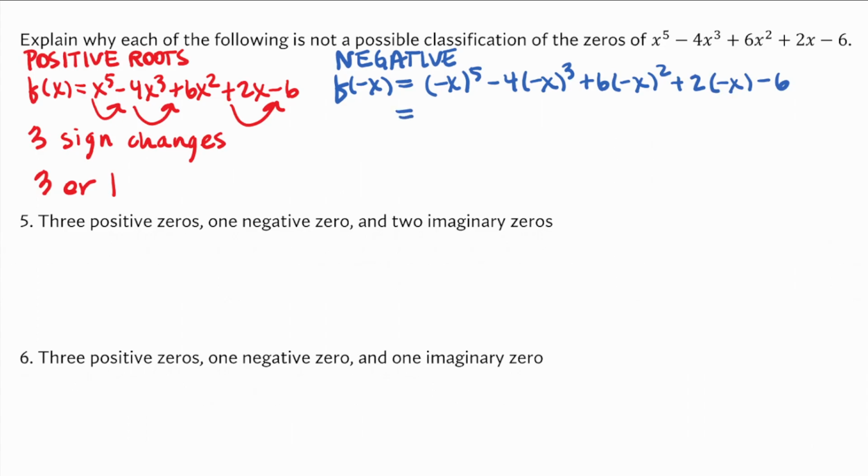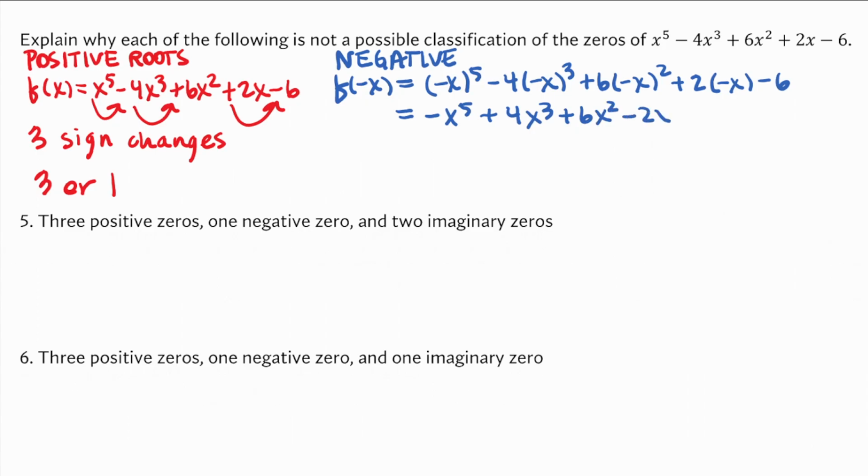If I take negative x to the 5th power, it's 5 powers of negative 1, so it's negative x to the 5th. Negative 4 times negative x cubed, again an odd number of negatives makes negative x cubed, and negative x cubed times negative 4 would be positive 4x to the 3. If I square negative x, that's an even number, so it's going to keep the same sign.